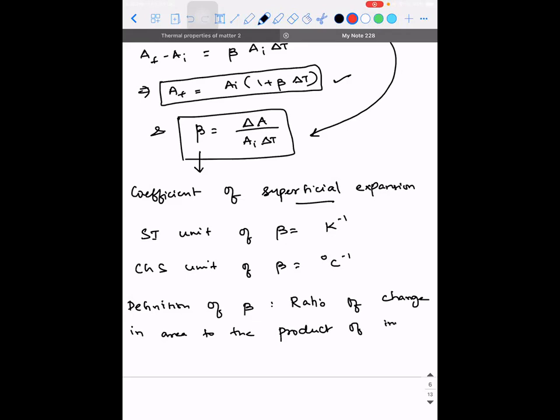So product of initial area and change in temperature. See, to be more specific, I will call it increase. The change here is considered to be an increase. So, the ratio of increase in area to the product of initial area and increase in temperature. Okay. Please make a note of it.